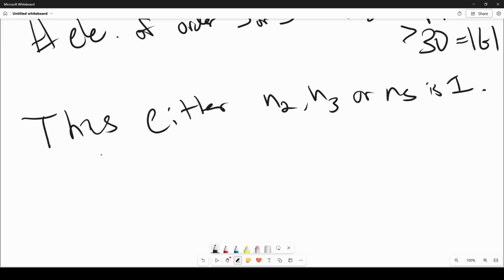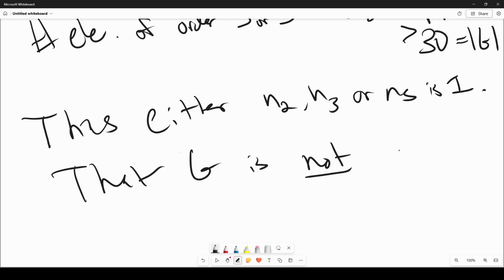So this proves that G is not simple. In this case, we didn't end up needing to use n2 because n3 and n5 were so large that they immediately caused the contradiction. If it happens to be that we find the number of elements of order 3 or 5 is just under maybe 30, let's say, then you could have used n2 and then found a contradiction there. Luckily, we don't need to in this case.